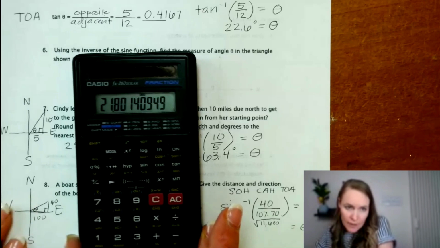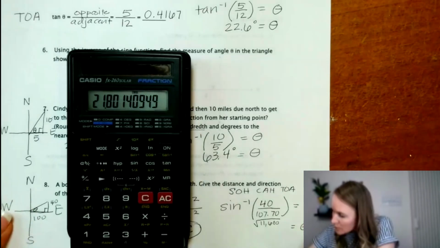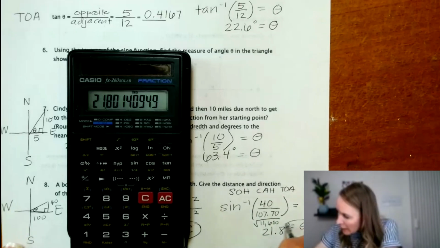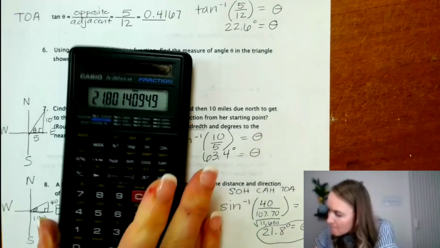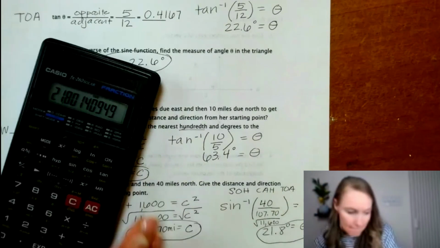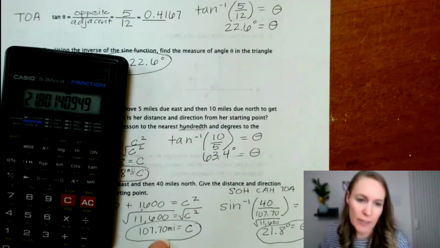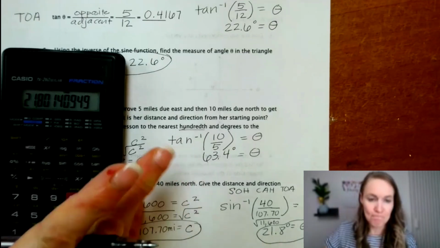Okay, so that gives me 21.8 degrees. And I'm just going to go ahead and circle that. And so we went 107.7 miles and 21.8 degrees.